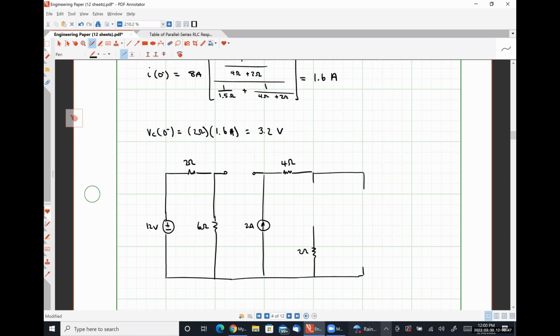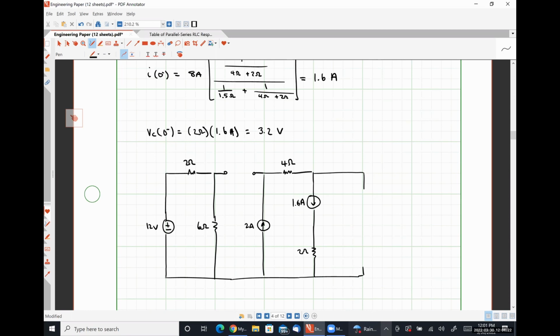At t equal to 0 plus specifically, we replace our inductors with a current source having the same magnitude and direction as our inductor current at t equal to 0 minus. And that is because the current flowing through an inductor cannot change abruptly. So here is our 1.6 amp source.